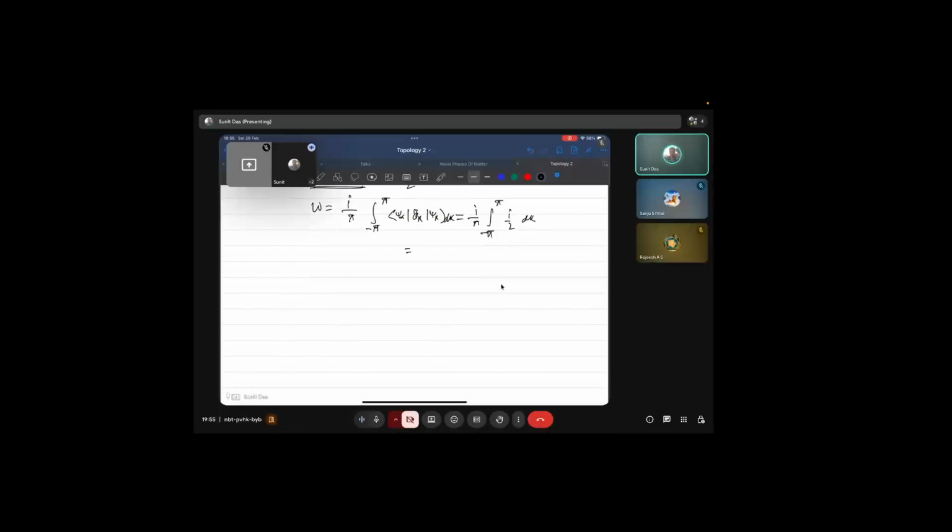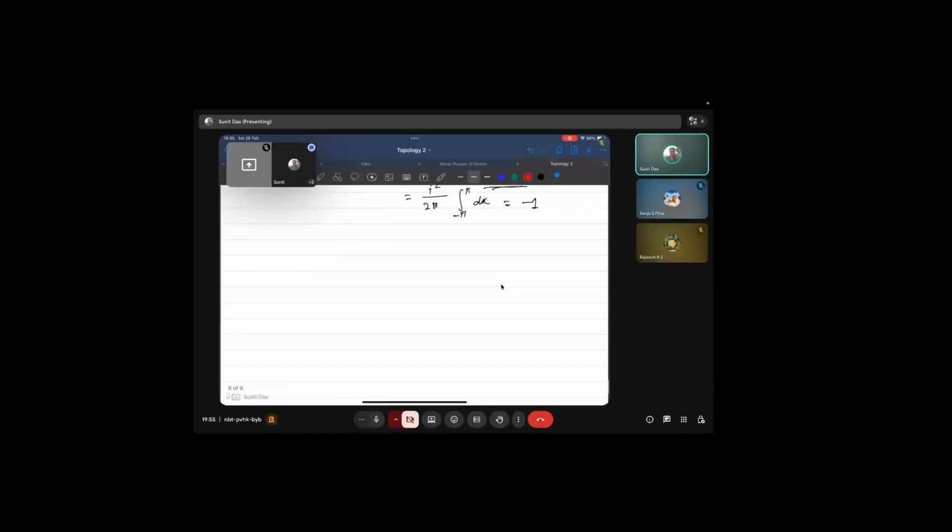So this is a trivial integration. So i squared by 2 pi, and then if you do this part, minus pi to pi dk equal to 2 pi, cancels out, i squared is minus 1. So what we get is that W equals minus 1.